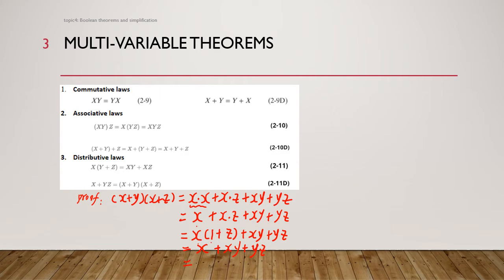Again, combine the first two terms here, so we get x AND 1 OR y, OR yz. 1 OR y always equals 1, and x AND 1 equals x. So finally we get x OR yz. So this theorem is also true.